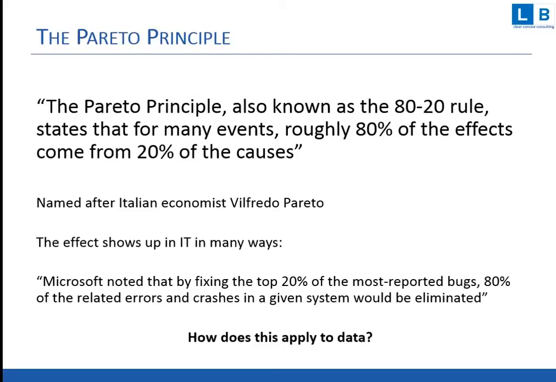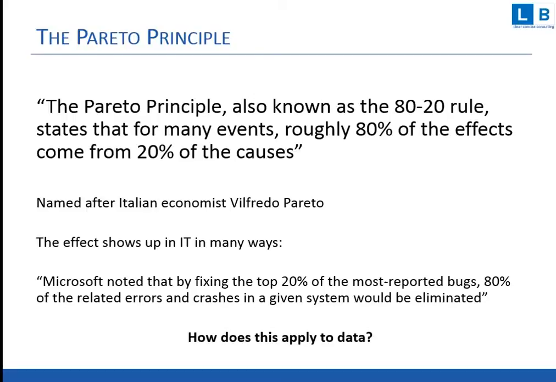I put an example in there that is quite interesting, and that was Microsoft. They noted that if they fixed the top 20% of the most reported bugs, that actually fixed 80% of the problems in their system. So as you can see, we see this everywhere in our lives. We know that 80% of the traffic is usually generated by 20% of the actual activity.